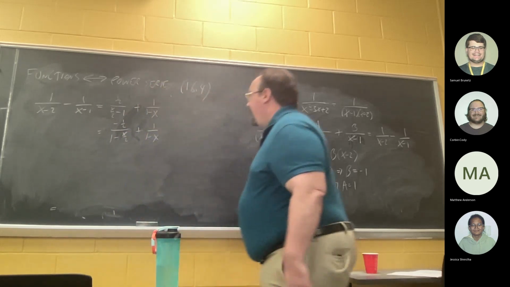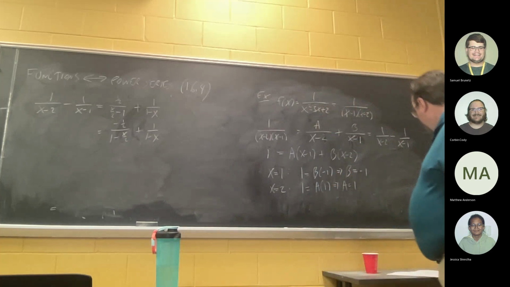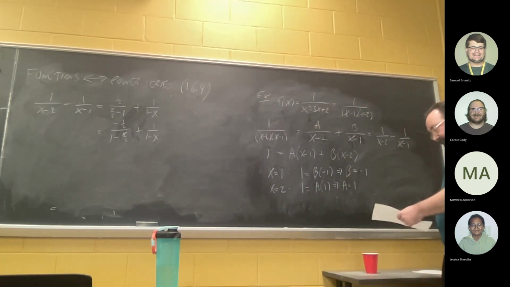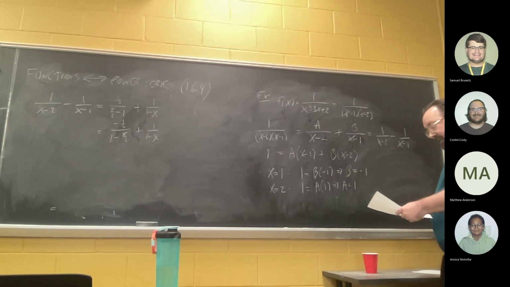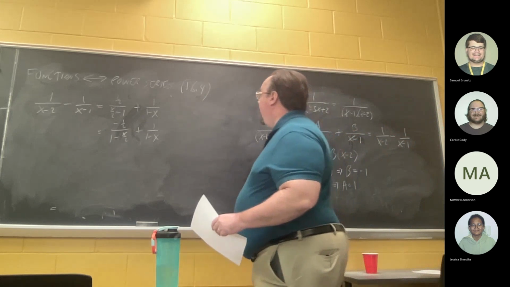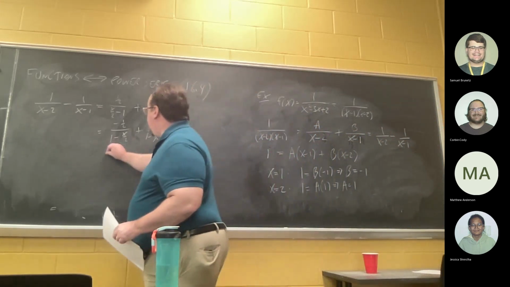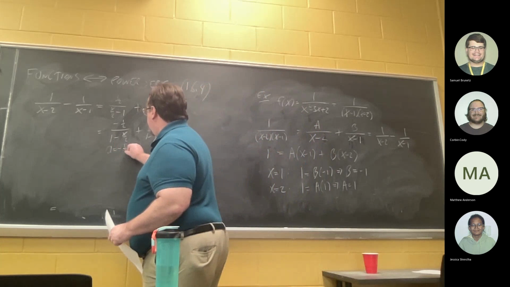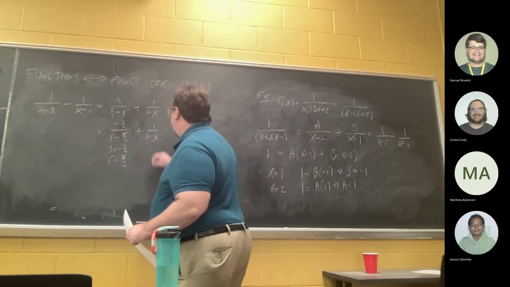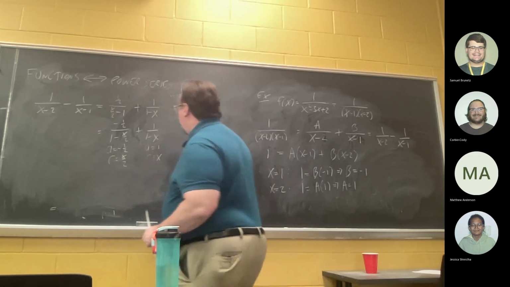For each term, we're going to have separate a's and r's. For the first one, a is minus 1/2 and r is equal to x over 2. For the second one, a is 1 and r is x.